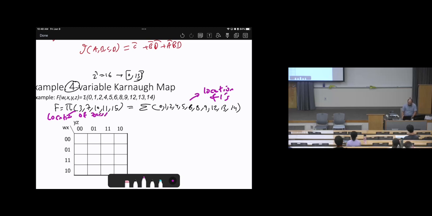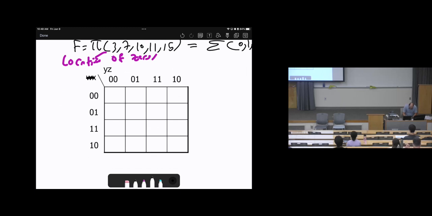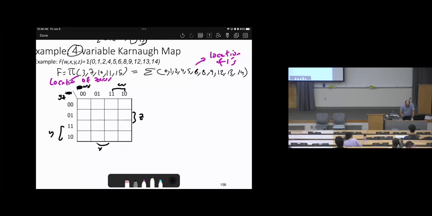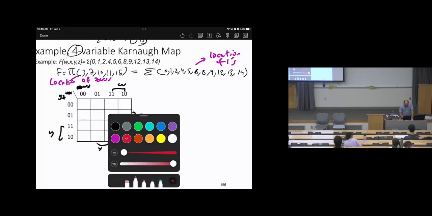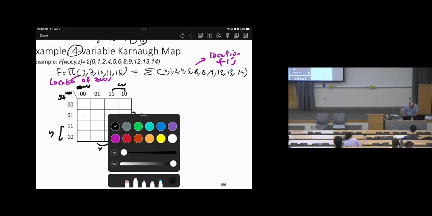Okay? Let's do Karnaugh maps, but I'm going to change the variables because this is different. Here is YZ, here is WX. So this is W, this is X, here is Y, here is Z. Then let's write the corresponding numbers. Before that, let's write the min terms locations.